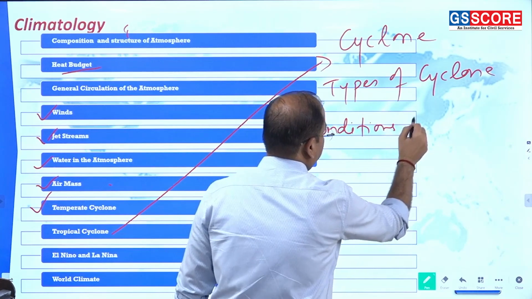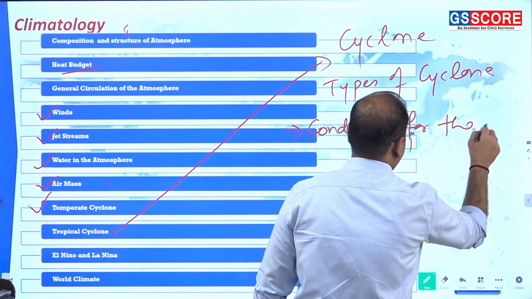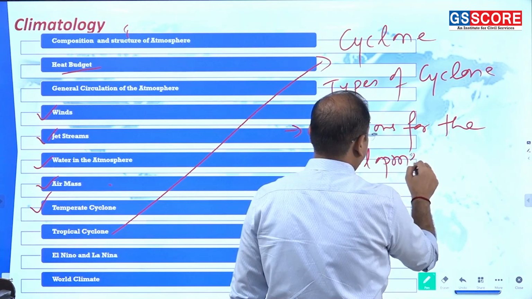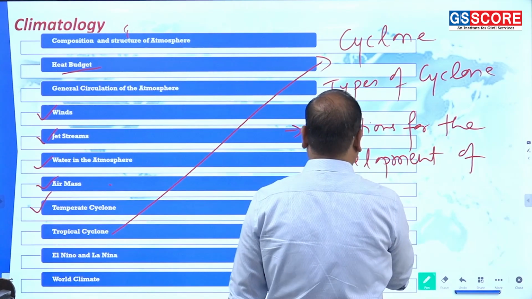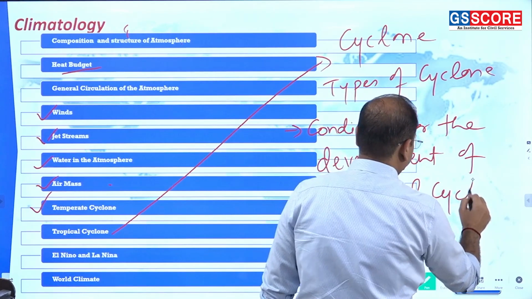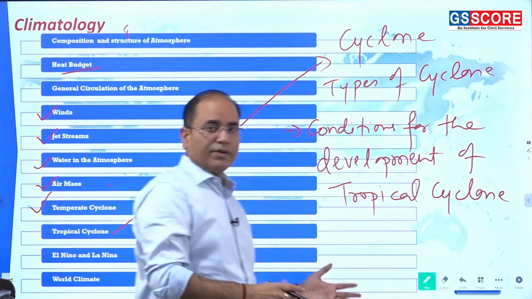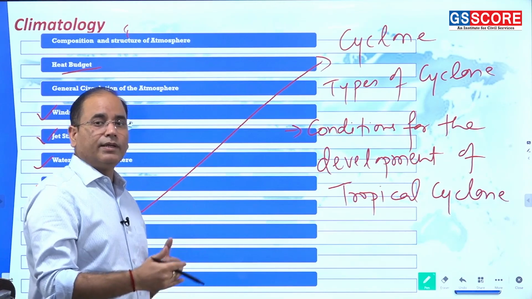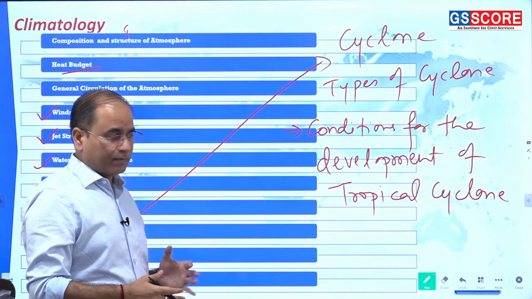Conditions for the development of tropical cyclone, because in the front we have already understood how the temperate cyclone will develop.